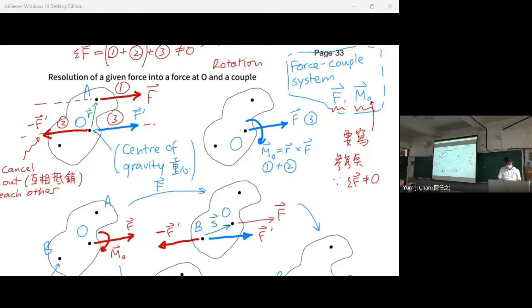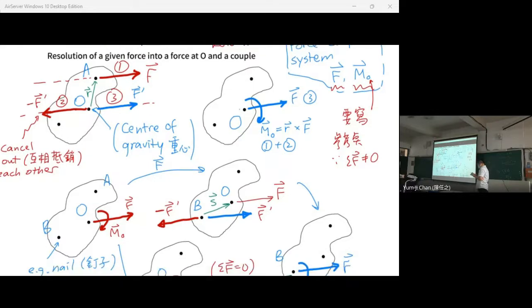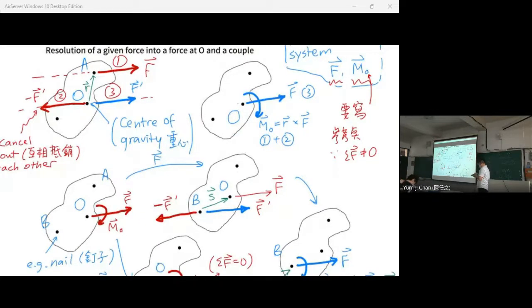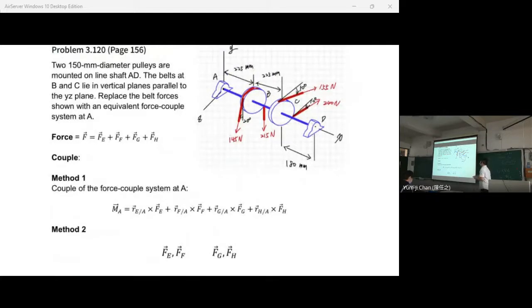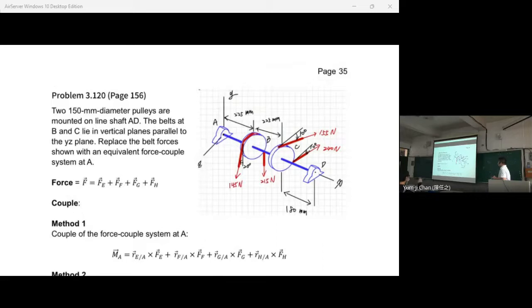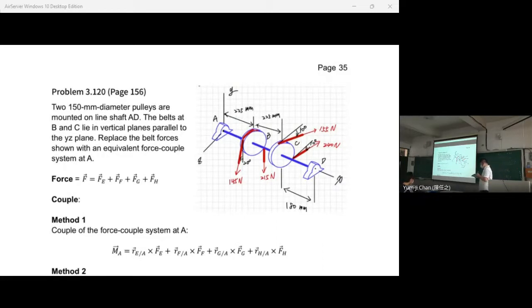This is what we have talked about. Now I want to talk about the last example of chapter 3 before we move on. On page 29, we have a shaft AB here, and we have two pulleys.